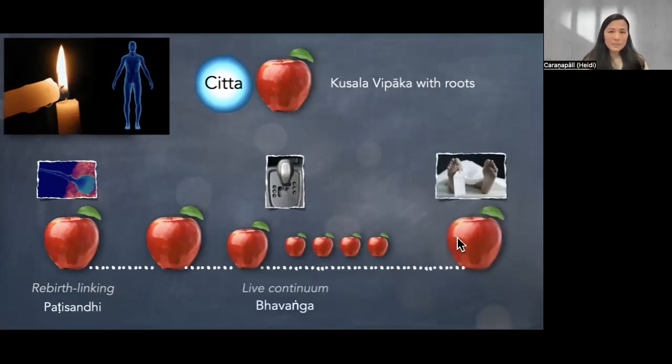And this same type of vipaka citta will arise to perform the function of death consciousness as chuti citta. So in a particular lifetime, the first citta, all the bhavanga cittas throughout his life, and the chuti citta, the death consciousness of that lifetime, are of the same type of resultant consciousness.